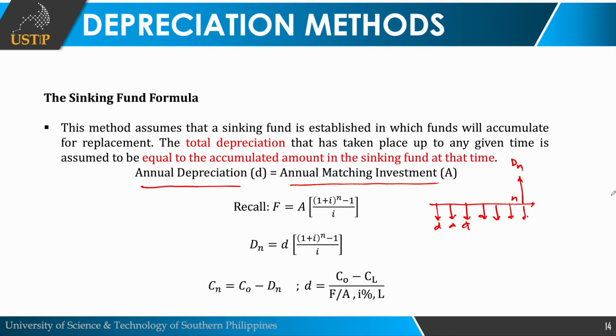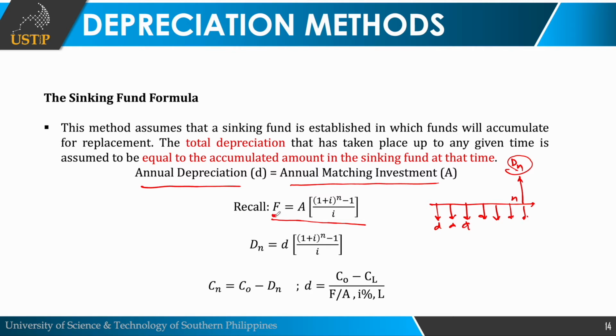Okay? And, unsa man atong ma-recall ani nga method? This is annuity. Okay? So, if you recall, kining D sub N man, it is a future value, we can make use of this formula, no? Sa tong annuity, ordinary annuity na to.